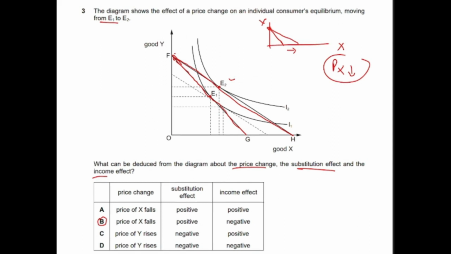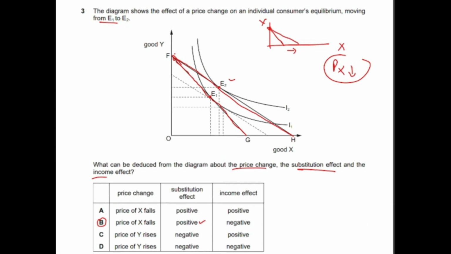Keep in mind, the substitution effect is always positive. You need not think about that; you have to pick positive substitution effect. This is always the case, because whatever we purchase, we are substituting it for something else. So we will again pick option B. And what about the income effect?